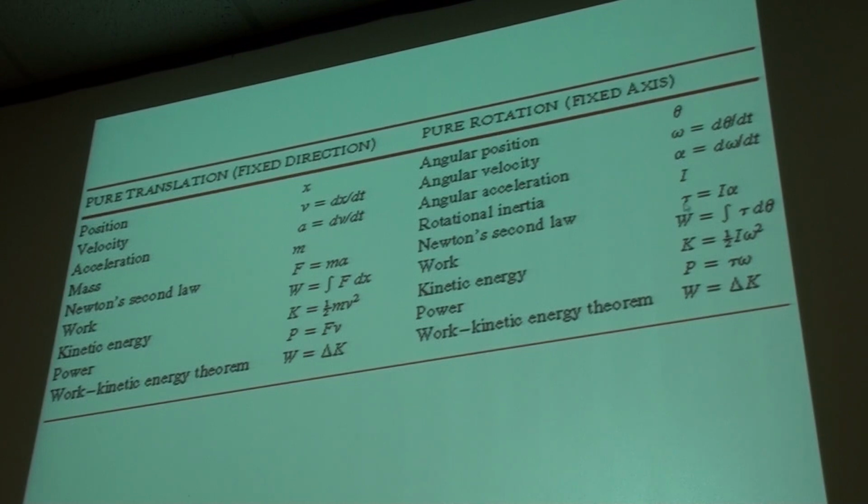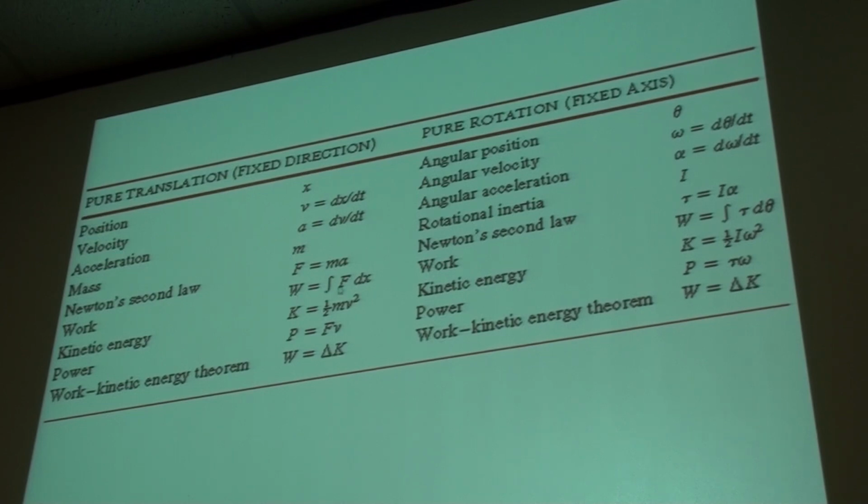If F is replaced by torque, m is replaced by moment of inertia, and a is replaced by alpha, then notice here that we've got torque equals I alpha, the rotational equivalent to F equals ma. But just with those substitutions: x goes to theta, v goes to omega, a goes to alpha, m goes to I, and force goes to torque.